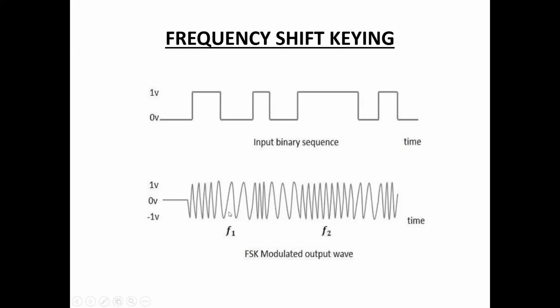So the F1 frequency is used to represent binary 0 and the F2 frequency is used to represent binary 1. If the input is 0, the waveform is represented in the frequency F1. If the input is 1, the waveforms are represented in the frequency F2.